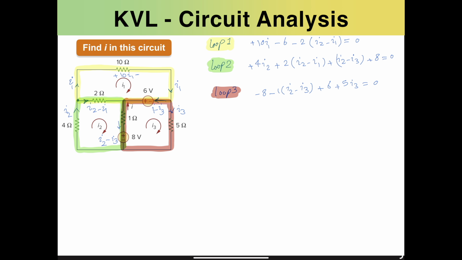Moving forward, we have the second and the third equation as well. So if you consider the second and the third equation, if we write down I1 in terms of I2, we would be having I2 and I3 in both.